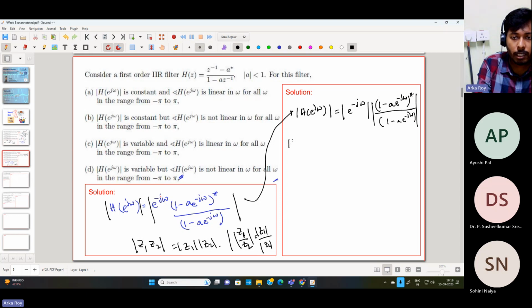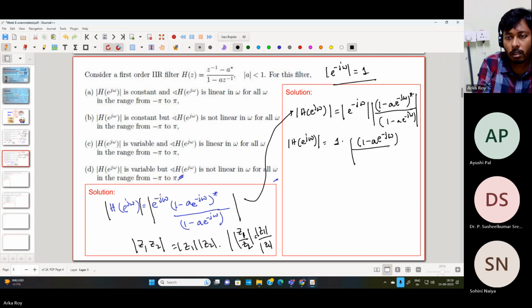So eventually I can write H(e^{j omega}) as e to the power minus j omega, and if I take the mod of this, it will be effectively 1. So I can write it as 1 multiplied with 1 minus a e to the power minus j omega divided by 1 minus a e to the power minus j omega, and then I can take the star over here. Effectively, mod z and mod z star are the same.